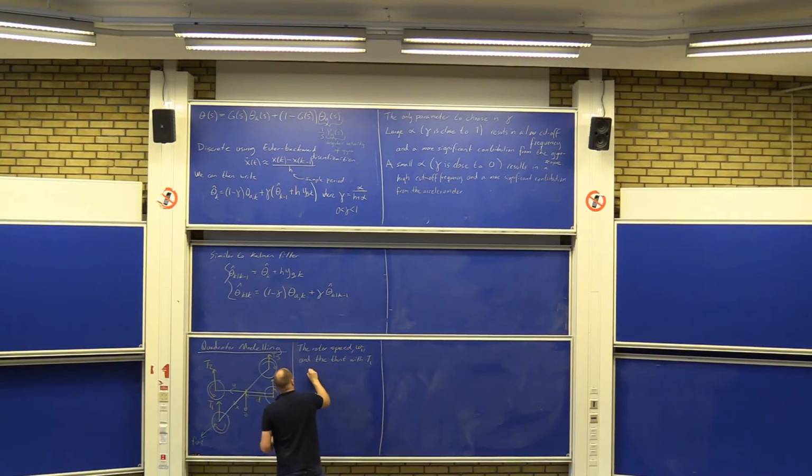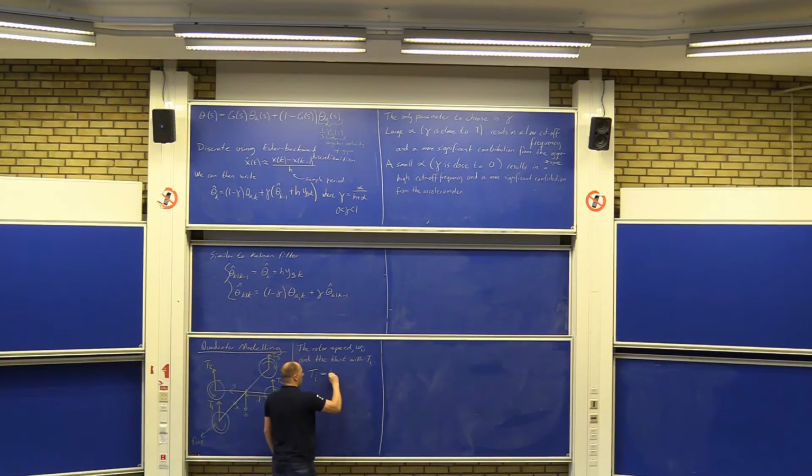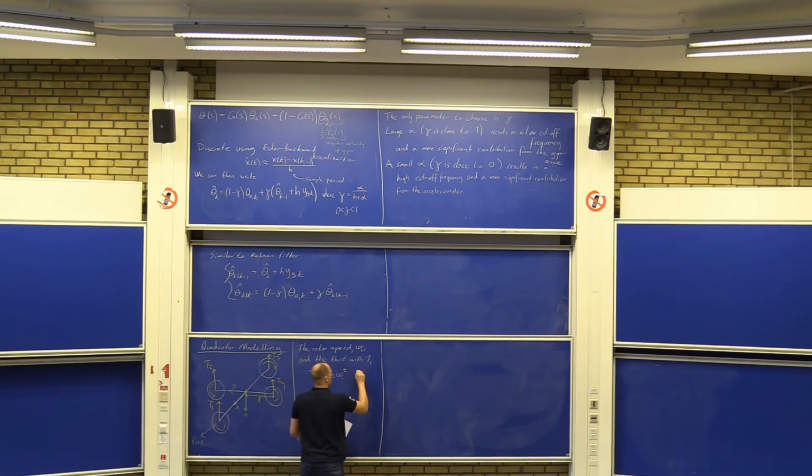And they depend on each other, so basically the thrust here, the lifting force, is proportional to the square of the speed of the rotors. So i is then 1, 2, 3, 4, right?